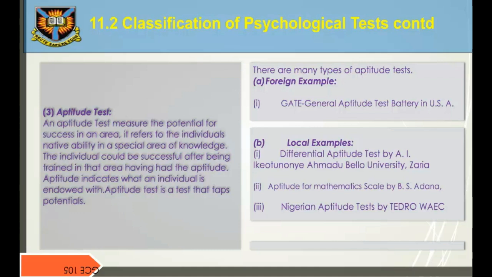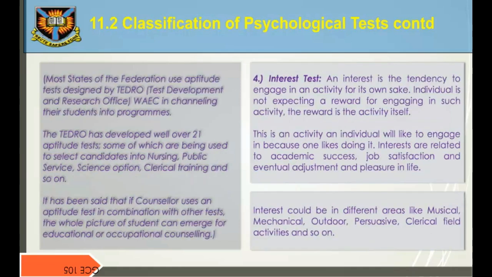Then local examples: 1. Differential Aptitude Test by A.I. Ikeotuonye, Ahmadu Bello University, Zaria. 2. Aptitude for Mathematics Skill by B.S. Adana. 3. Nigerian Aptitude Test by TEDRO, WAEC. Most states of the Federation use aptitude tests designed by TEDRO, Test Development and Research Office, WAEC, in channeling the students into programs.